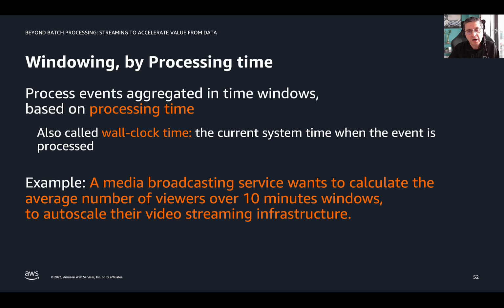We do not care about the delay of propagation of this signal, also because probably the video stream is affected by the same lag too. We need to decide whether to scale our infrastructure based on the number of devices that have been connected in the last 10 minutes. And connected means we have received a signal, or we observed it, in the last 10 minutes. So this is clearly processing time logic.